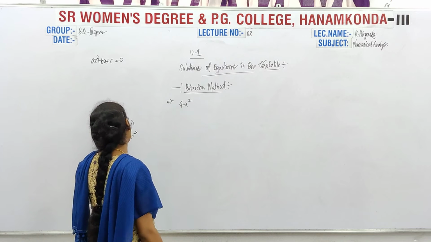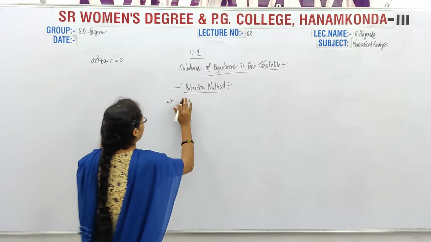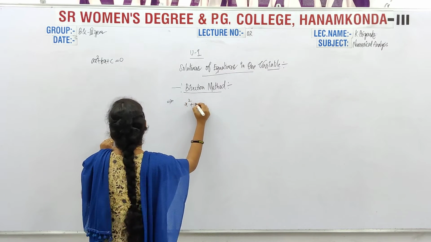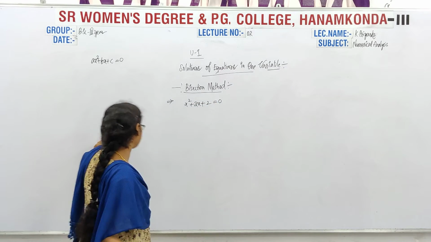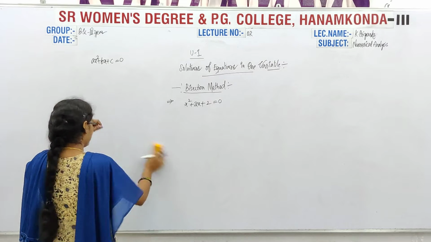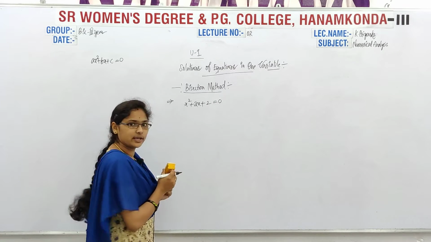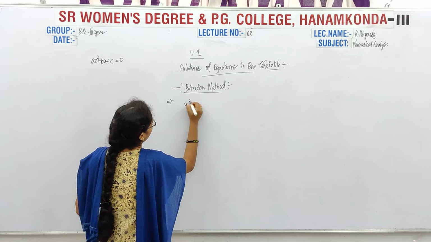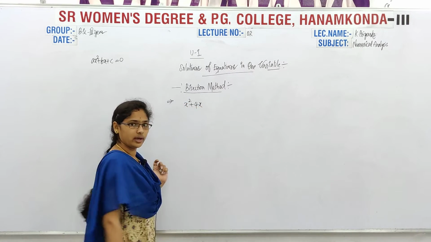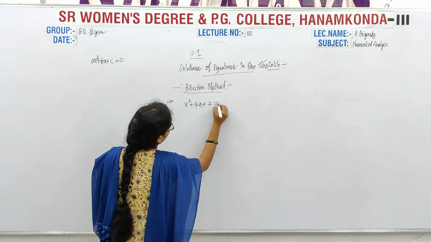So the equation is x square plus 2x plus 2 equal to 0. Otherwise, simply I am taking directly x square plus 4x plus 2 equal to 0.